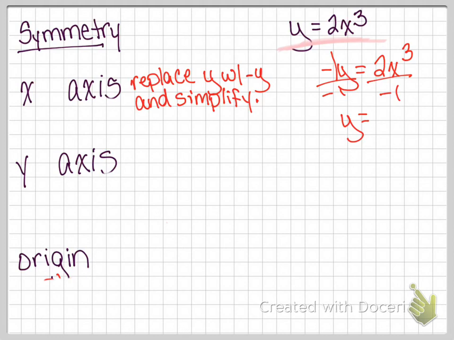Yes, I have. So I've got y equals negative 2x to the third. Is that exactly the same thing I started with? No, it's not. Y equals 2x to the third is not exactly the same thing as y equals negative 2x to the third. So what that means is this is not symmetrical to the x-axis. So my answer is no, it's not symmetrical to the x-axis.